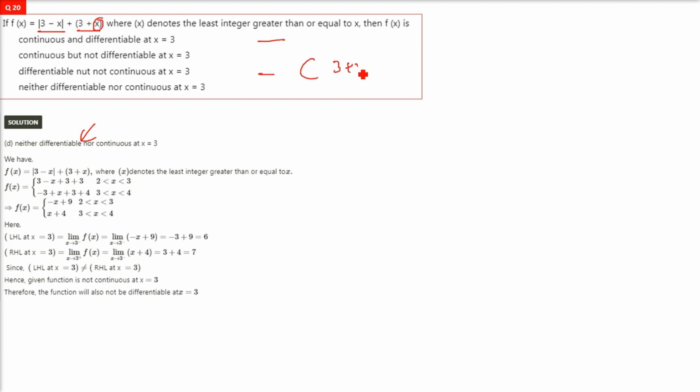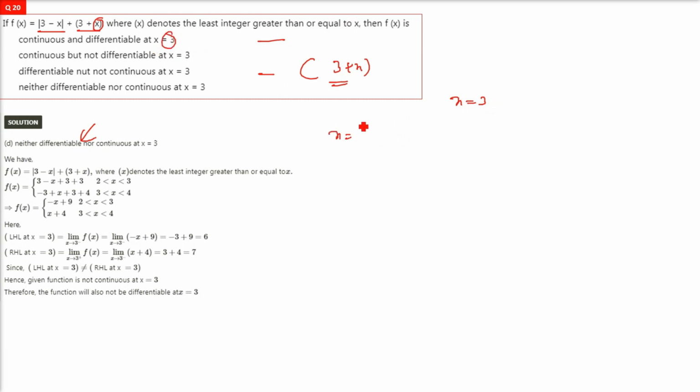But the problem here is that in all the solutions they have considered this as the greatest integer function of x, but it is not. The greatest integer function is of 3 plus x, the whole is 3 plus x. Then we have a round bracket, and that round bracket is suggesting it is the least integer greater than or equal to x.